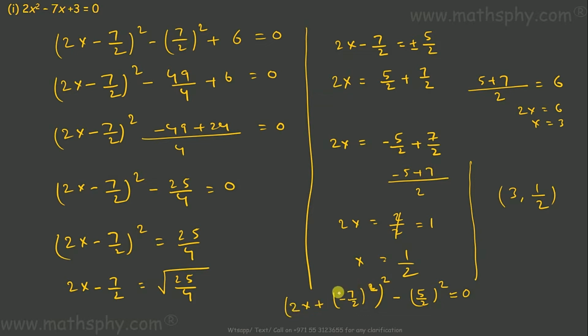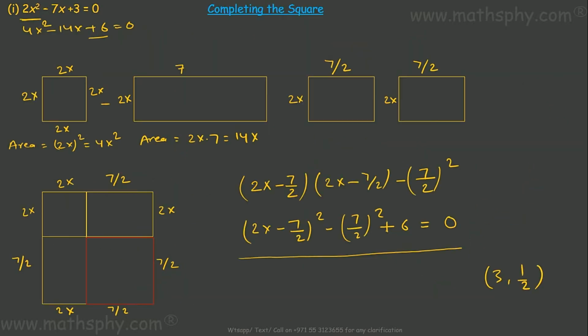X plus a whole square minus b square equals 0. I could find out the roots, 3 comma 1 over 2. Same quadratic equation, same roots. I follow this method, drawing some squares.